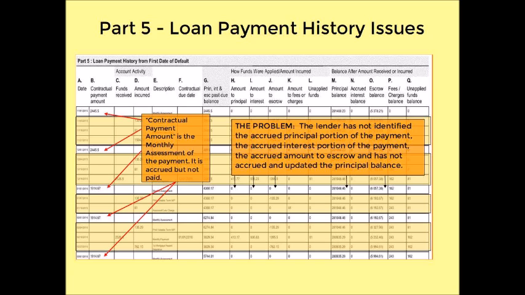And the same thing with the principal balance, it has not really changed. And you'll notice that as you go down the column with all the other subsequent payments, the principal balance isn't changing. That should be your number one red flag, that if you see payment incurred on this and accrued on this form, and that balance is not being updated, the proof of claim was completed wrong.